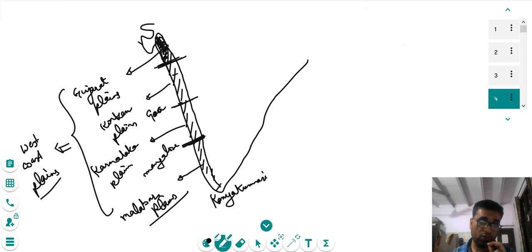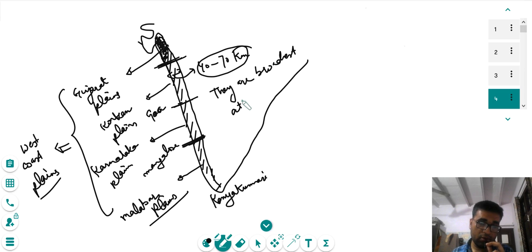And the width of these west coast plains stretches somewhere from 40 up to 70 kilometers, and they are broadest at the Malabar plains.